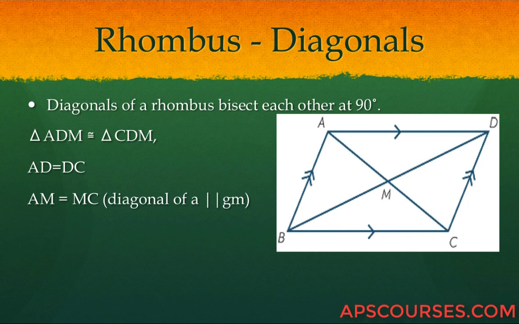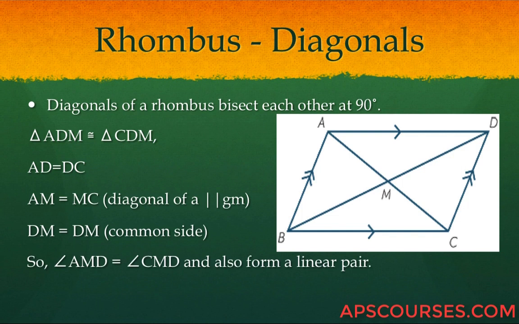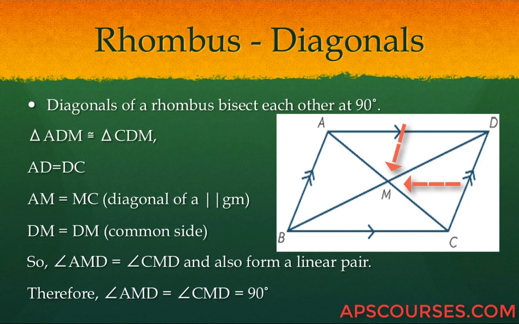AM is equal to MC, since a rhombus is a special case of a parallelogram and the diagonals of a parallelogram bisect each other. Also, DM is the common side to both these triangles. Therefore, by SSS, these two triangles are congruent, and since they are congruent, angle AMD is equal to angle CMD, and also they form a linear pair, so their sum is equal to 180 degrees, and therefore angle AMD is equal to angle CMD is equal to 90 degrees.